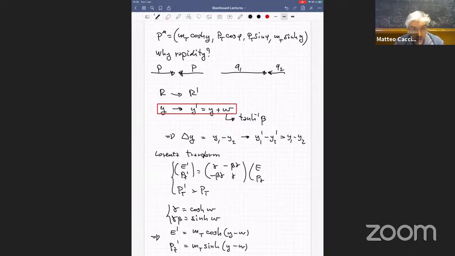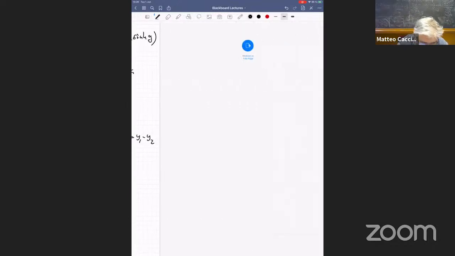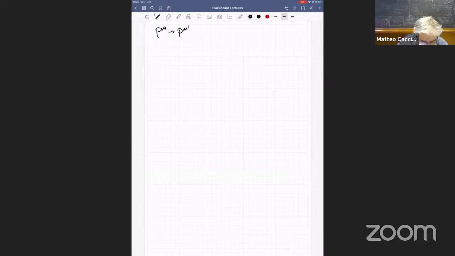But this means that you can write the boosted momentum, the transformation of p mu to p mu prime, as mT cosh of (y minus omega), pT, mT sinh of (y minus omega).